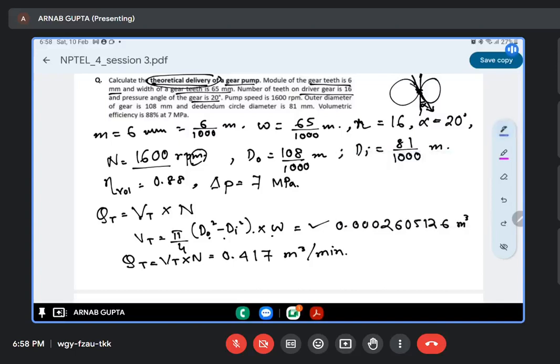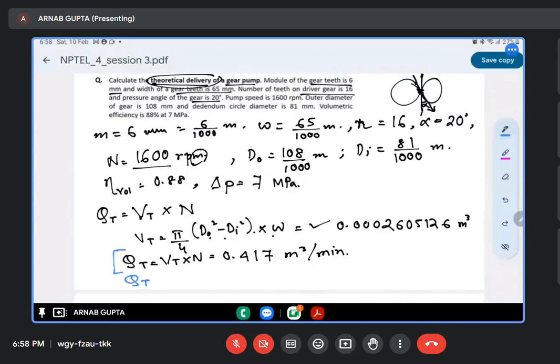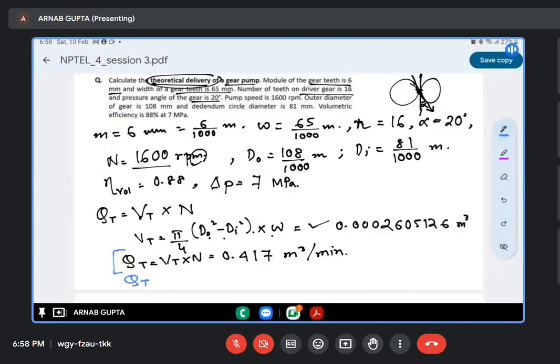So this is one of the approaches. You also have another formula which directly gives you the value of Qt, but that is formulated based on the design parameters, right? So that formula was directly given.